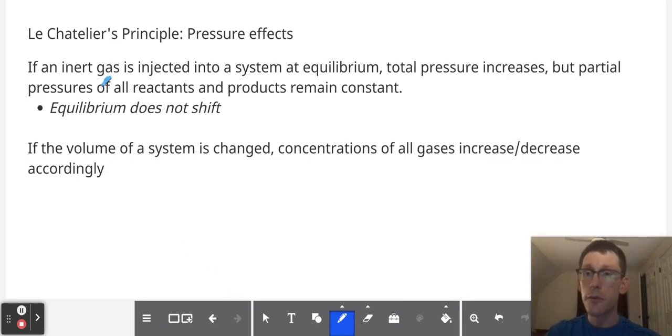And so finally, another detail that's really important, people often mistake this. If you were to push an inert gas into a system that's at equilibrium, this of course is going to increase the total pressure. Say you've got 5 moles of gases that are involved in the reaction in a certain volume, and then you add another 5 moles of some inert gas that isn't involved in the reaction, obviously the pressure is going to rise.